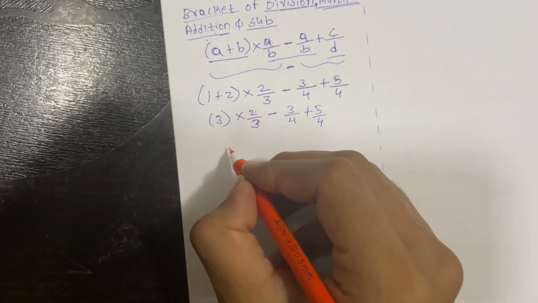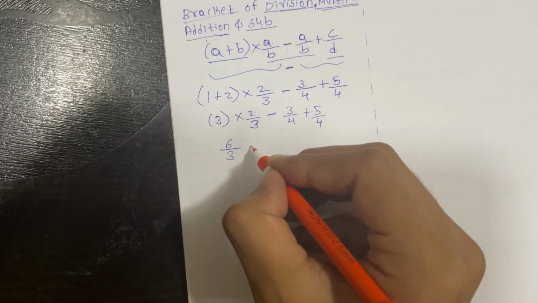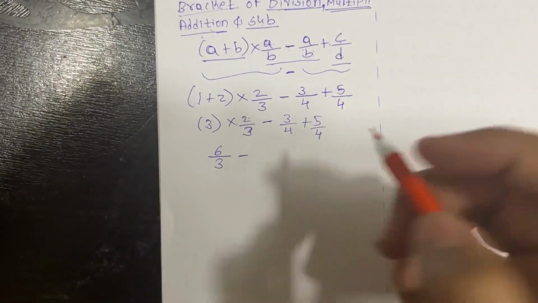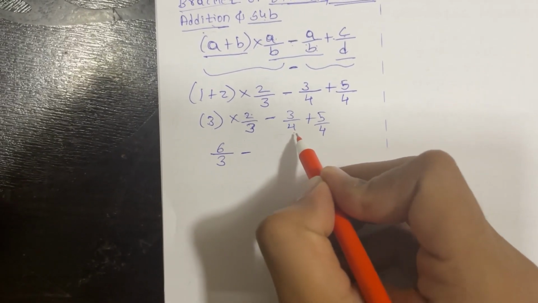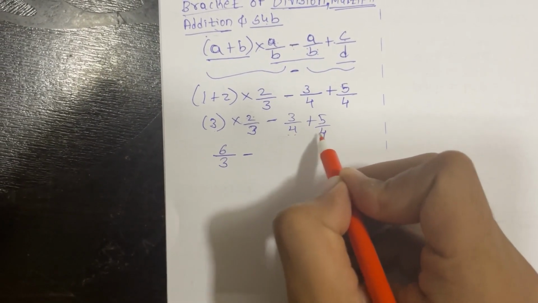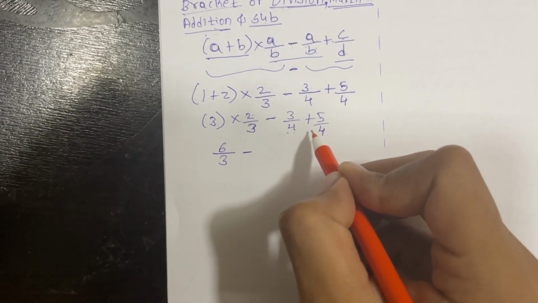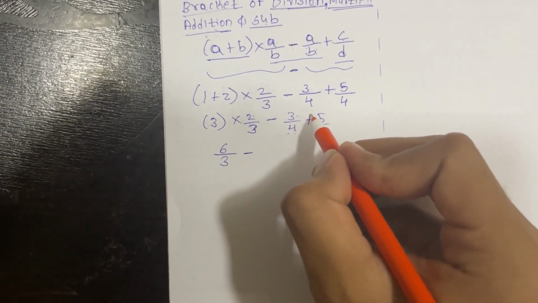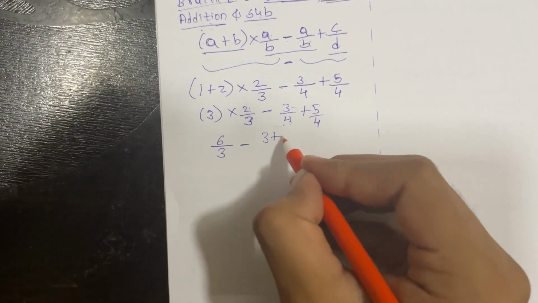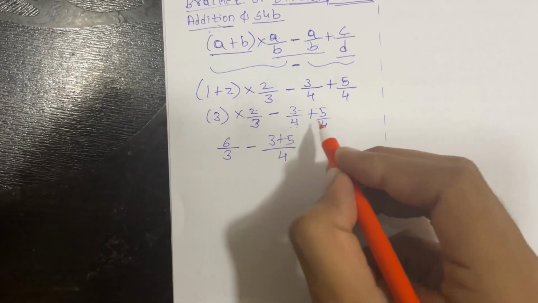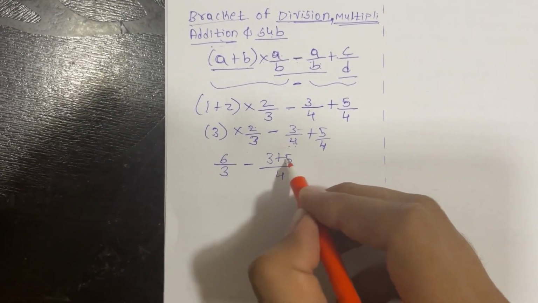So 3 into 2 is 6, so 6 minus, now we will add this. In the last lecture I said that if we get the same denominator, then we take the common denominator and add the numerators. So 3 plus 5 by 4. Why have we written 4 here? We have taken the common denominator and added the numerators.